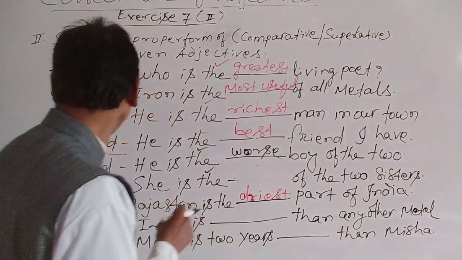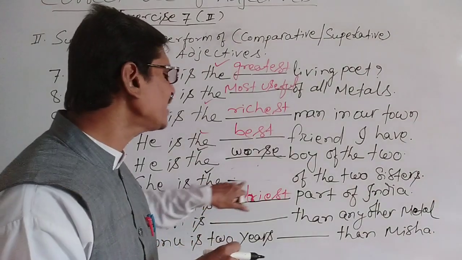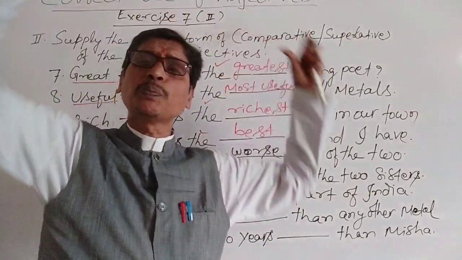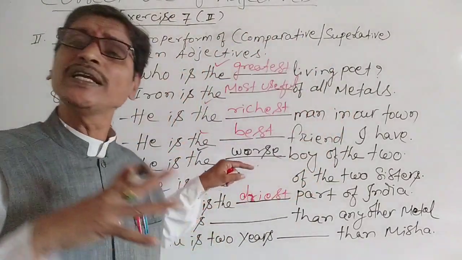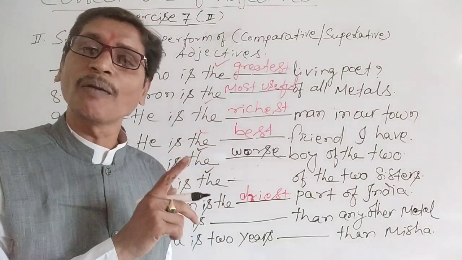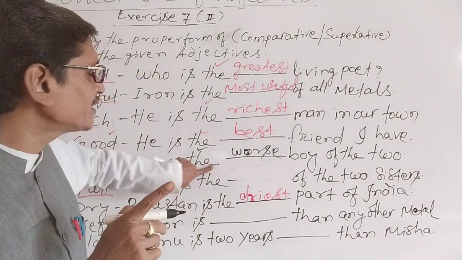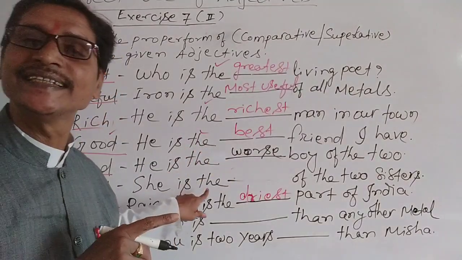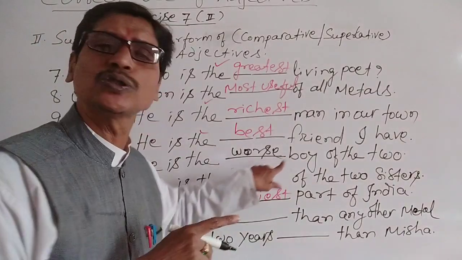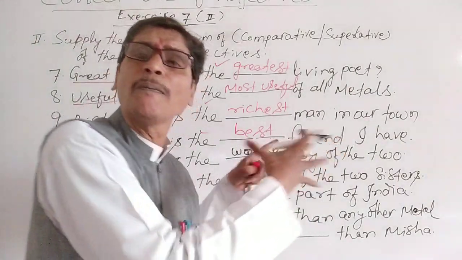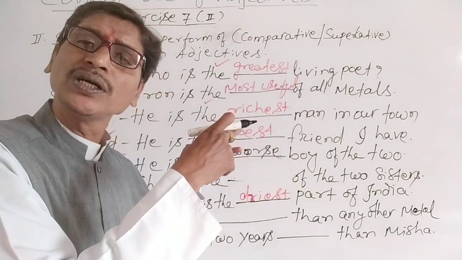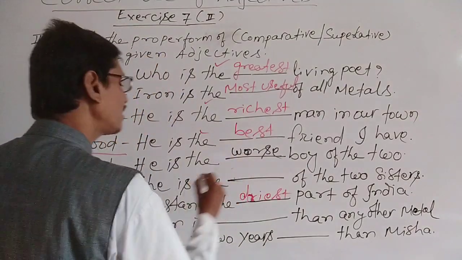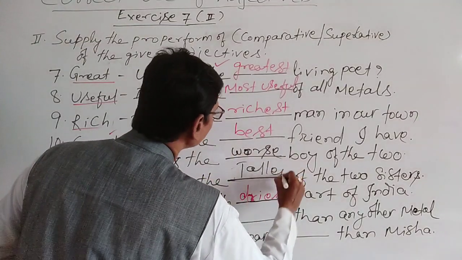Understand? Similarly, tall: she is the dash of the two sisters. Here we are comparing, not using the superlative degree, so we use the comparative degree. Despite the fact that the article the is used here, we cannot use the superlative degree because we are comparing between two boys and two sisters. Therefore, we use taller.